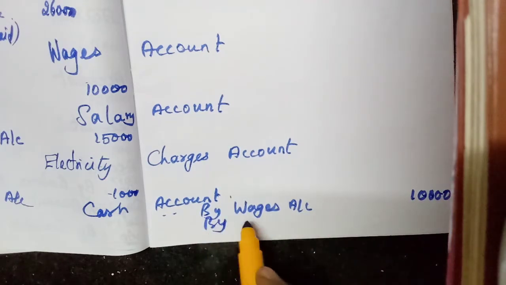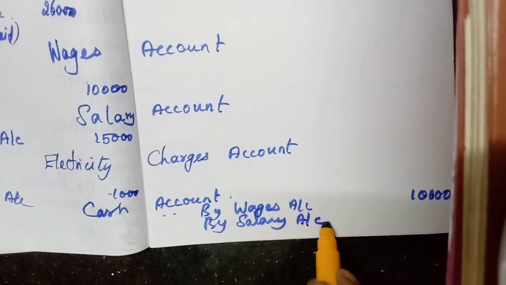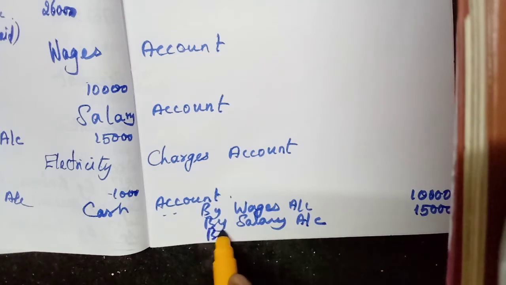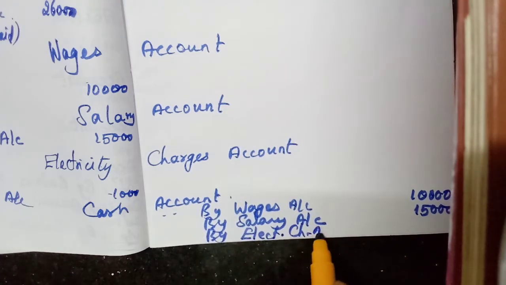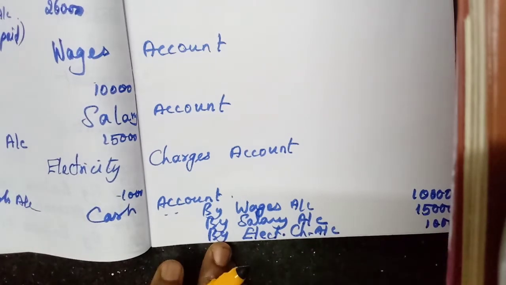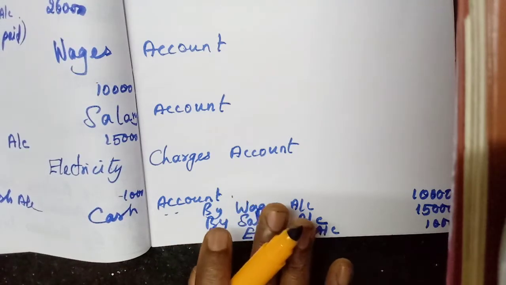By salary account, 15,000. By electricity charges account, 1,000. That's all. This is posting a compound journal entry.